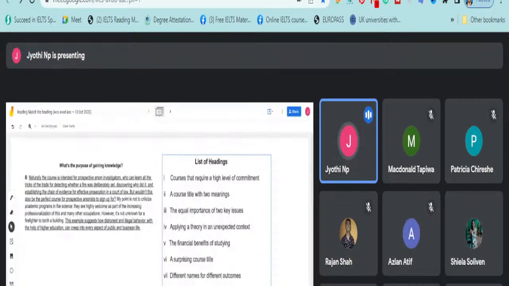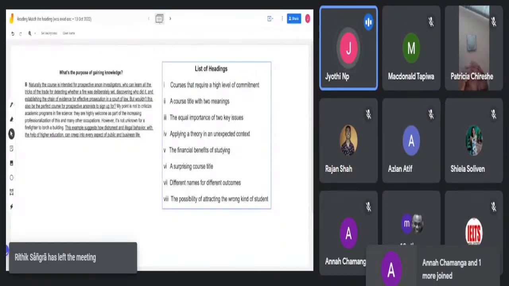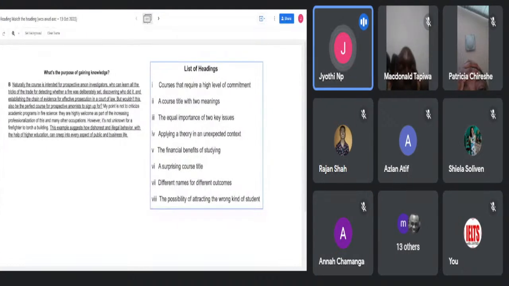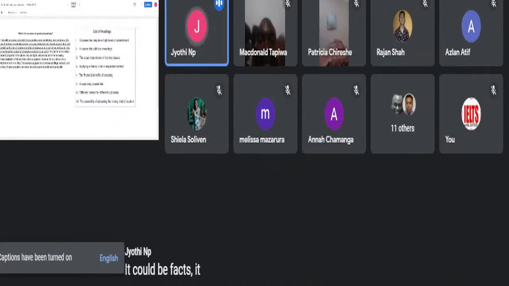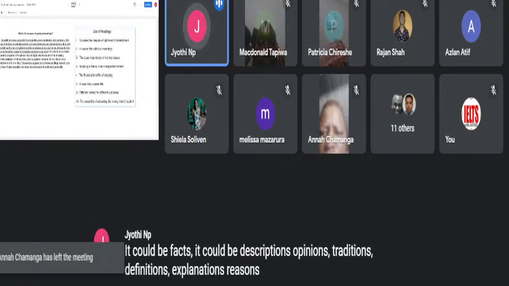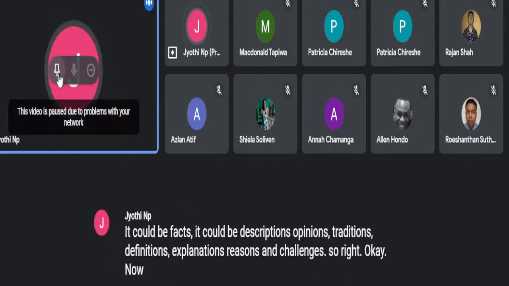Okay. So here, basically whenever we are looking at match the heading, it could vary. Now they may ask you to match many things. It could be facts, descriptions, opinions, predictions, definitions, explanations, reasons and challenges, and so on, right?